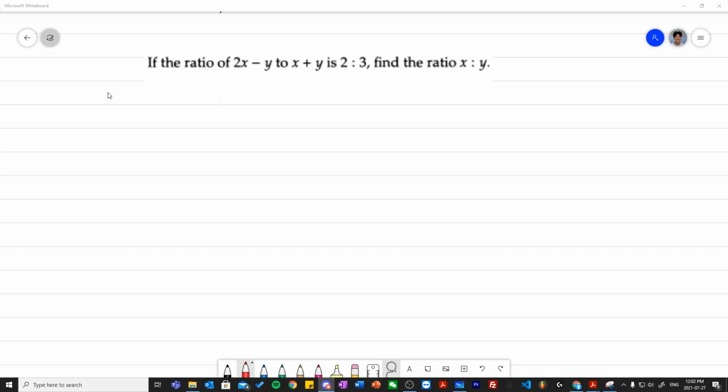So 2x minus y over x plus y equals 2 to 3.